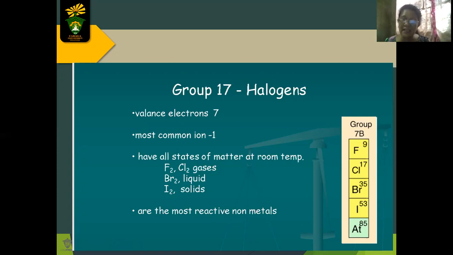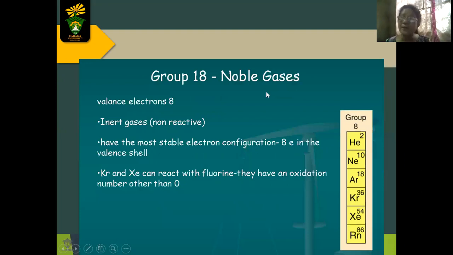So fluorine, chlorine, bromine, iodine could be solid, liquid, or gas. If there is a most reactive metal, which is group 1A, this is also the most reactive non-metal. That is the halogen. The next one is the noble gas.